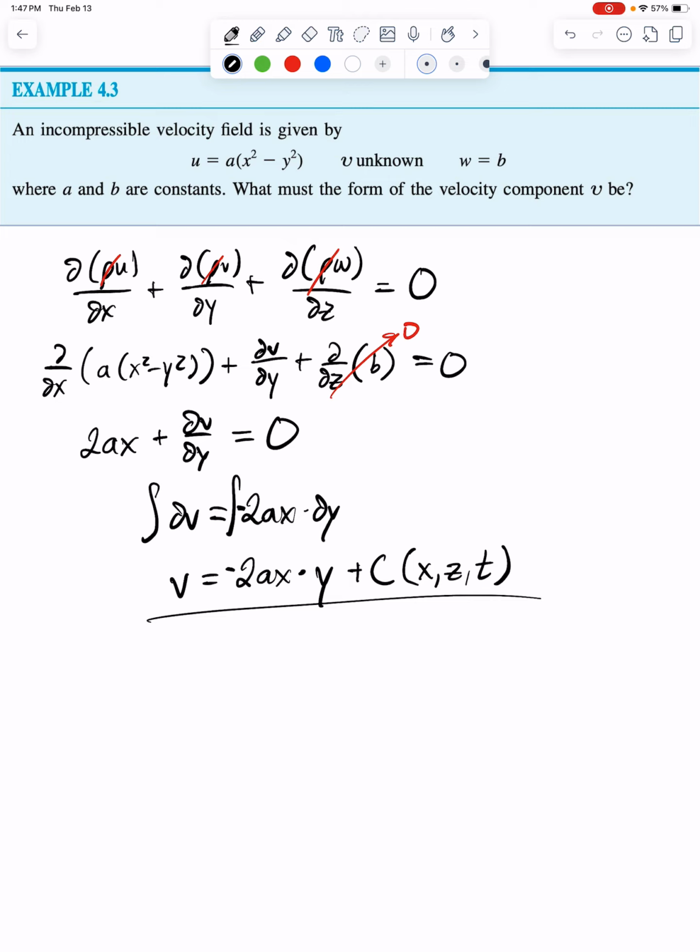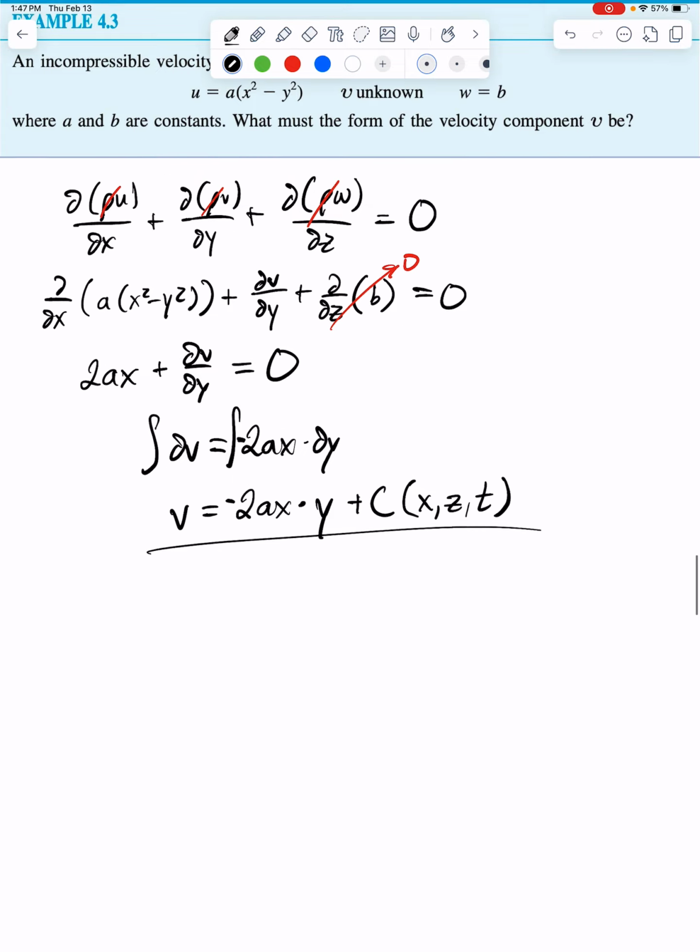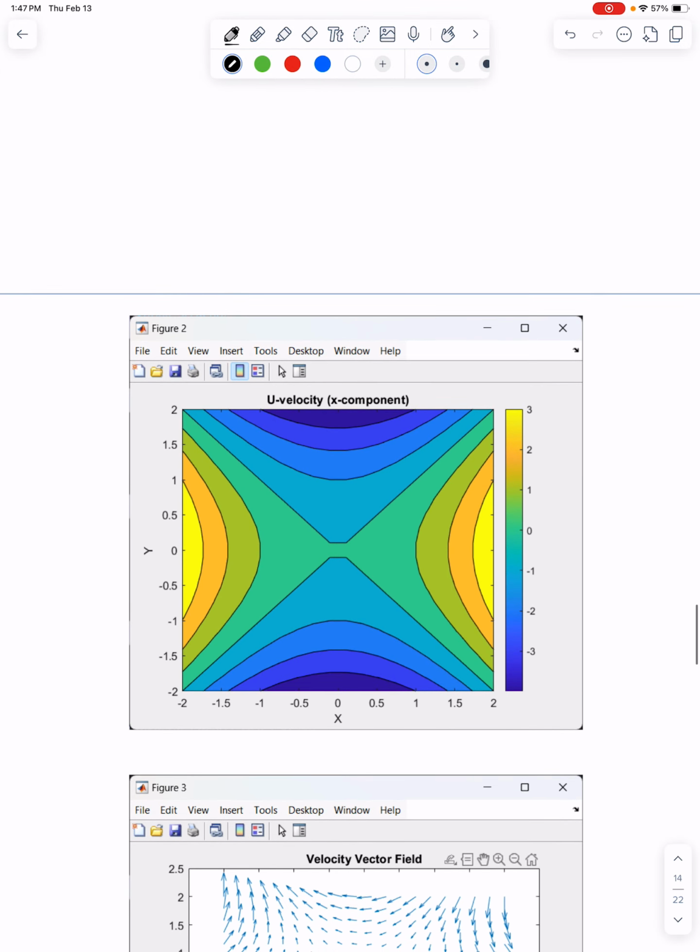Any questions? Okay, if not, last thing I want to do is talk about these two plots. First up, at the start of the problem, we're just given our u component, our x velocity component. If I were to plot that on a contour plot, you'd see the following. The yellow locations, left and right of the screen, represent very high rightward velocity, velocities going to the right.